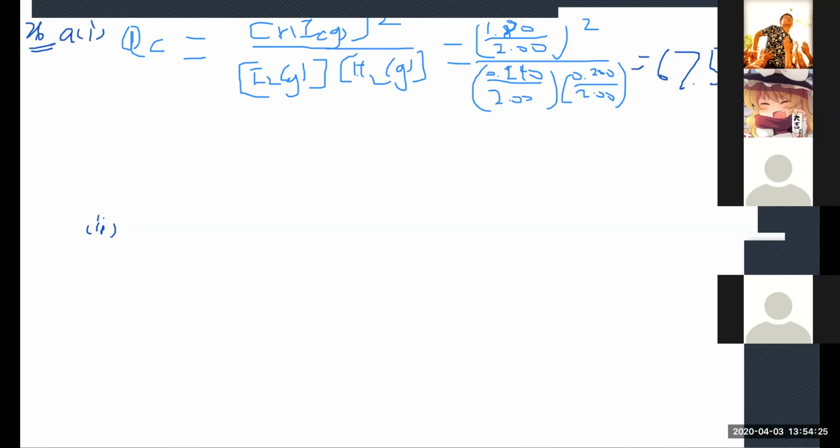Now for Qc, this part, any unit? What is the unit? Yes, no unit. So this part is correct. Okay, cross them out, let others know. Second.